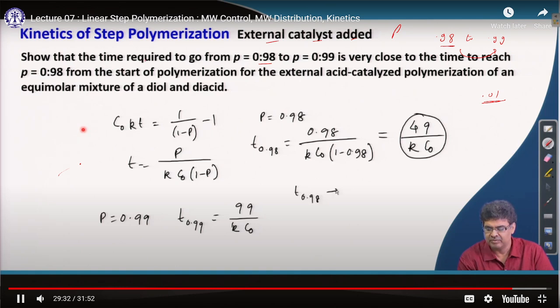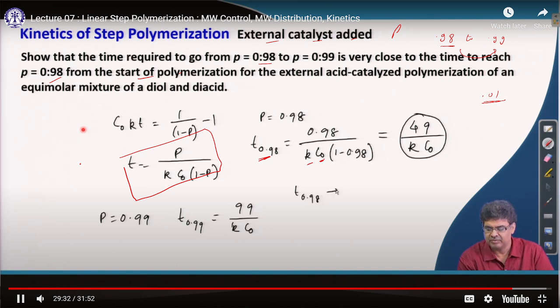Here, the time required to go from 0.98 to 0.99 is very close to the time to reach 0.98 from the start of the reaction. See how it is. If you find the time required for 0.98 conversion, this is the formula. If you put the conversion value 0.98, then k and C0 stay constant.